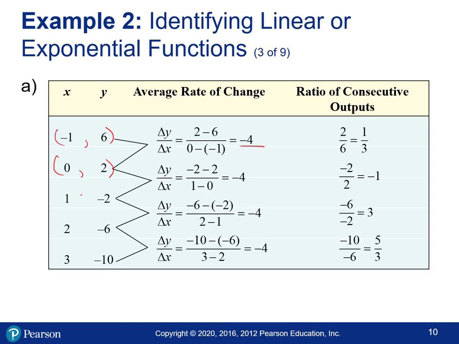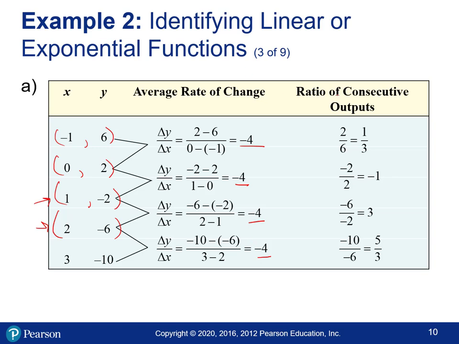Then between the next two points, the rate of change is -4 also. And then the next two points, the rate of change is -4, y2 minus y1 over x2 minus x1, and then the same thing for the last two. So we got a constant rate of change of -4 the entire time.